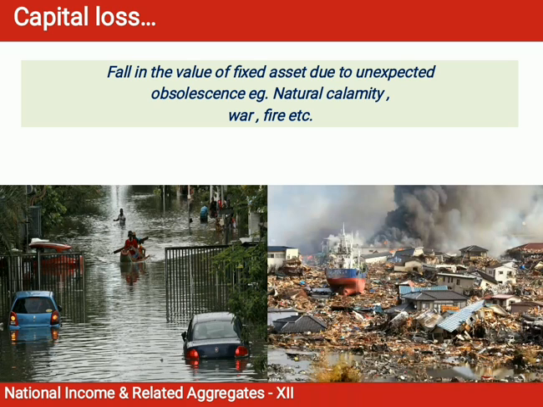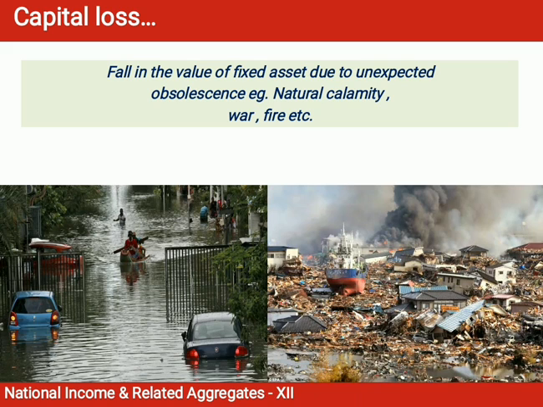Depreciation is the fall in the value of fixed assets due to normal wear and tear, passage of time and expected obsolescence. And capital loss refers to the fall in the value of fixed assets due to unforeseen obsolescence, natural calamities, thefts, accidents, etc. In the case of depreciation, provisions are made for the replacement of the asset as it is an expected loss.